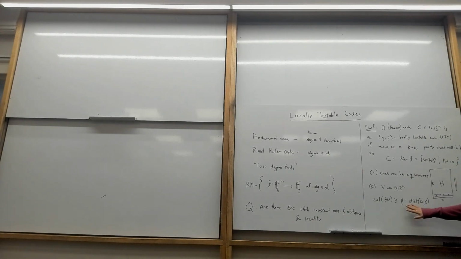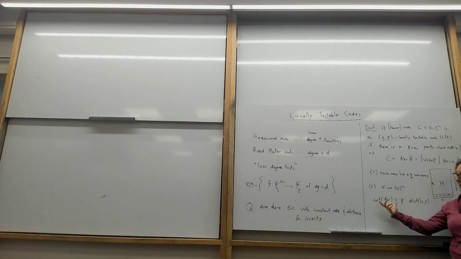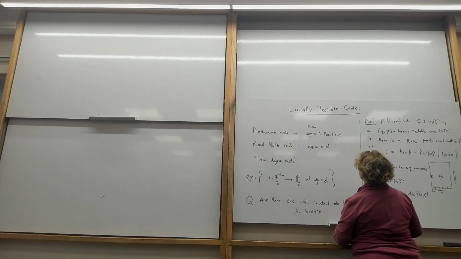The way to interpret this inequality, and we've seen it throughout the last lectures, is that there's a relationship between the distance from the code and how many tests reject. If W is inside the code, the distance here is 0, and the weight here will actually also be 0. If W is outside of the code, then we want that if it's far, then there will be many tests that reject. This is our definition.